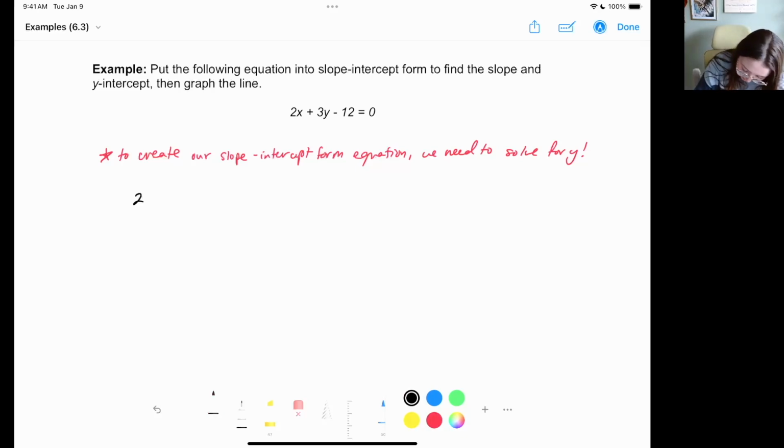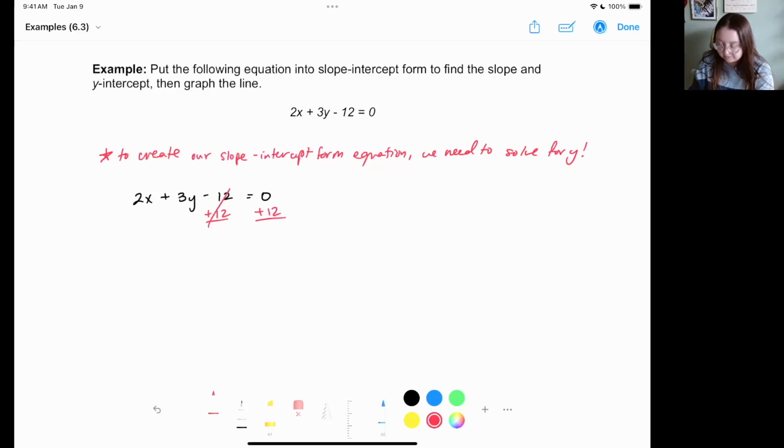So we have 2x plus 3y minus 12 equals 0. This isn't even quite standard form, it's kind of just an equation. And so we're going to do everything that we can to solve for y. So we have a constant number, we have this minus 12 that's just kind of hanging around here. We want to get rid of that. Let's send that to the right-hand side, and we'll do that by adding 12 to both sides.